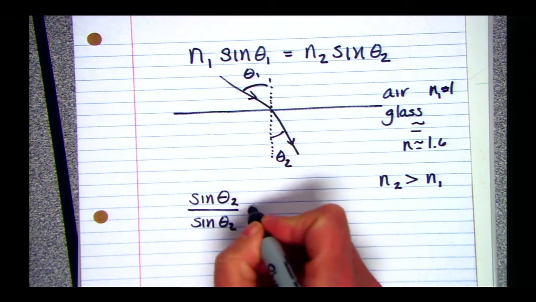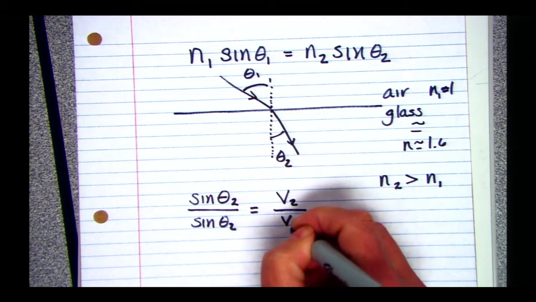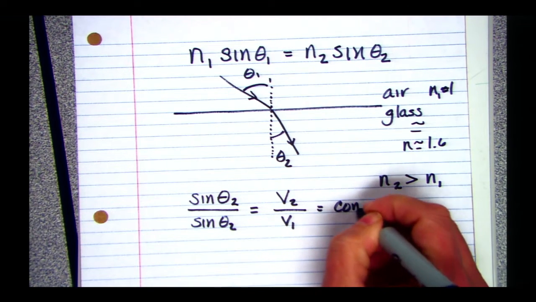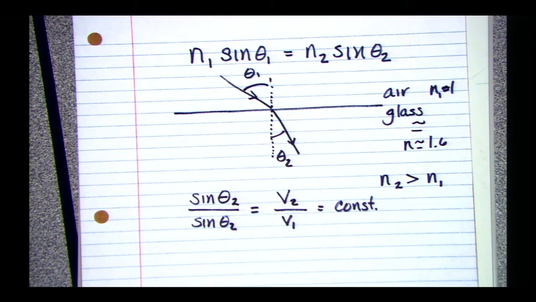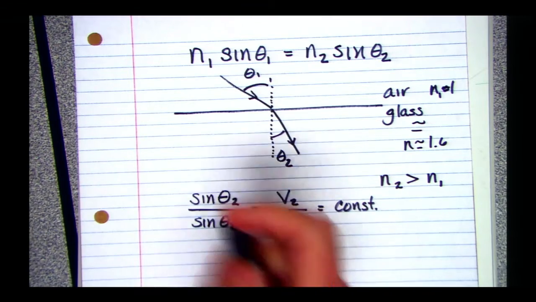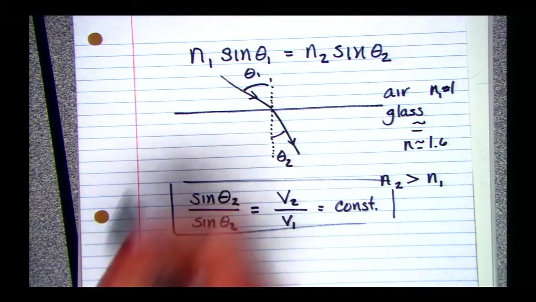So that's just another version of Snell's law. We're going to do a problem that utilizes this form of it versus that form, but that's the form that we use most often. So we're going to start with that.